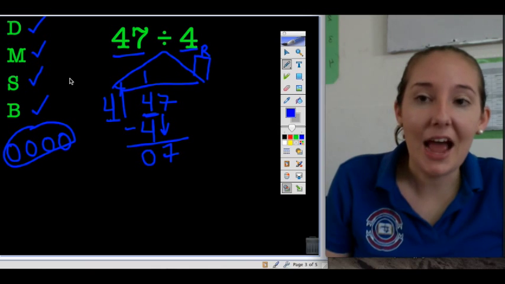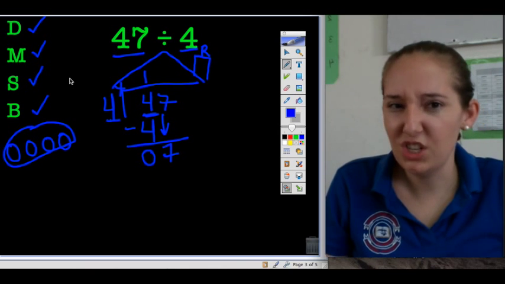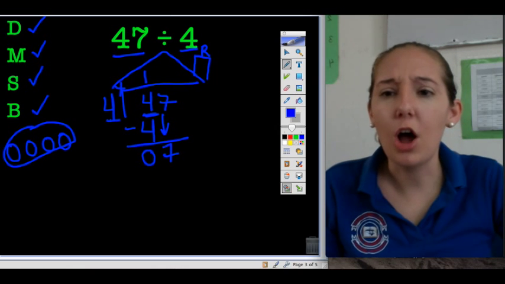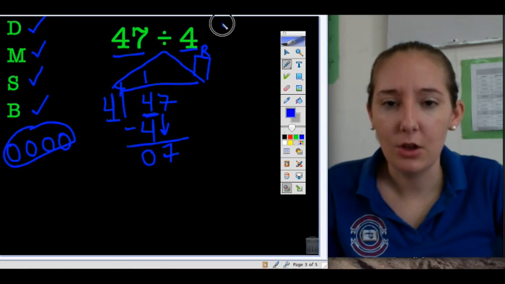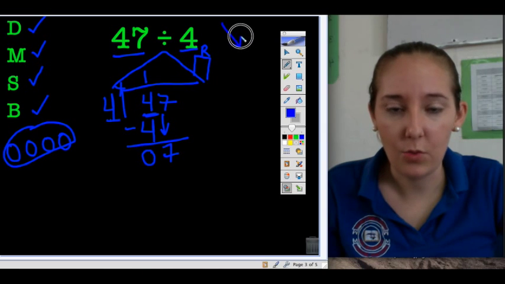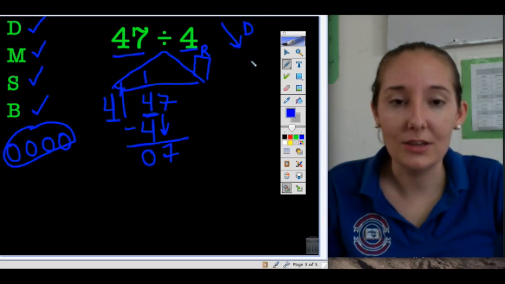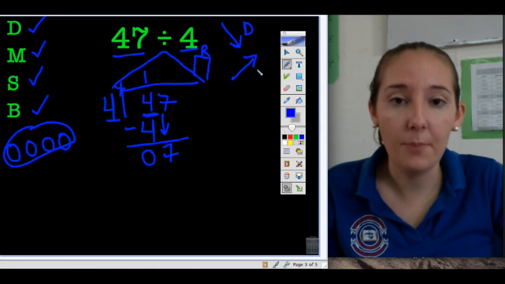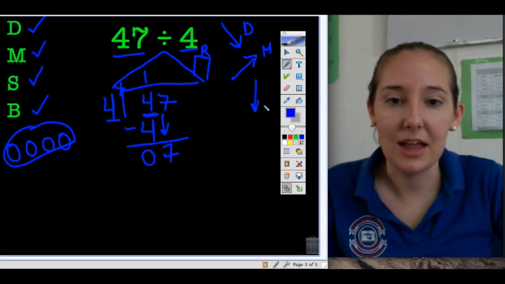Now, it kind of gets confusing sometimes to know which numbers we divide and which numbers we multiply. We're always going to divide going down this way. We're going to divide going down, and we're always going to multiply going upwards, and we're going to subtract going down like that.